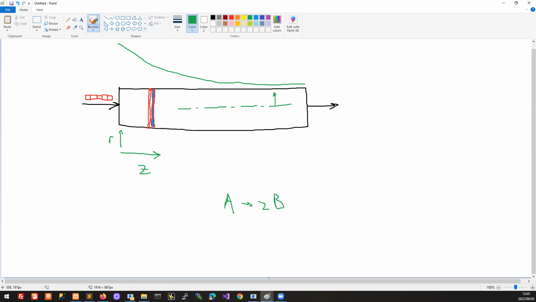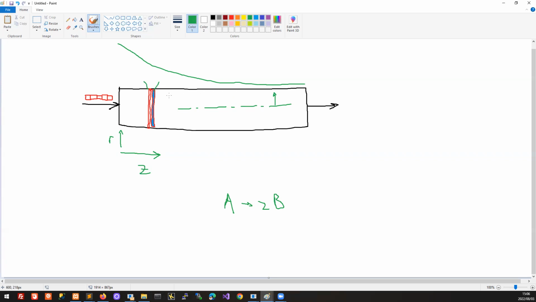If we look at any one plug, there's no change in this concentration in this one plug. So the reaction rate is the same at all points in this one plug. But the moment you look in the Z direction, there is going to be a difference. The concentration in this plug is different to the concentration in this plug. And so the reaction rates are different.